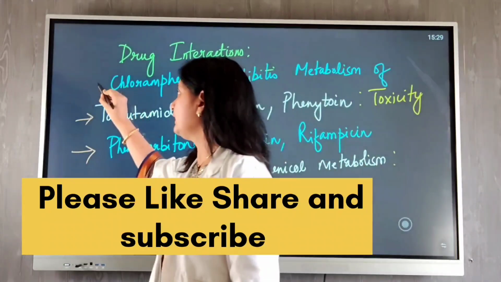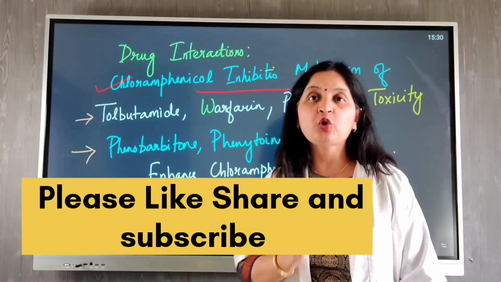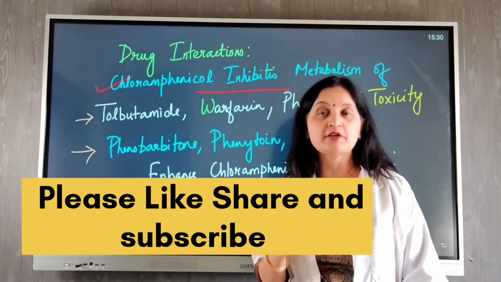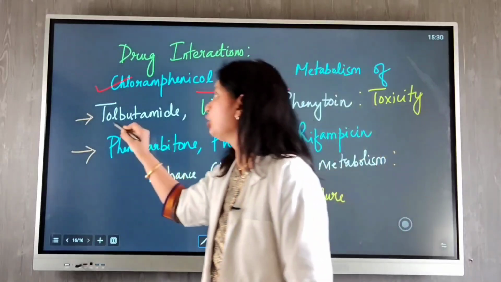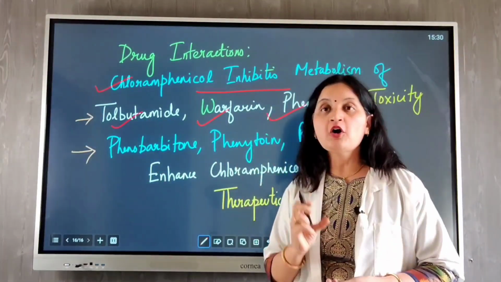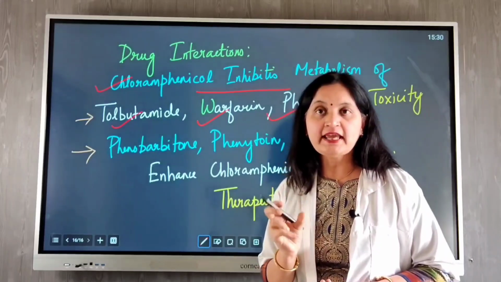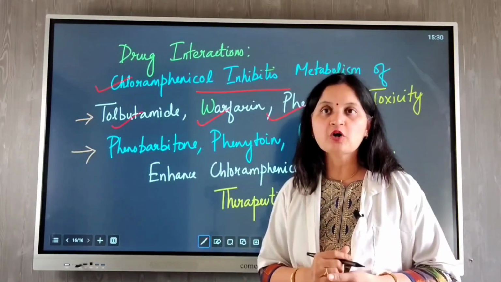Chloramphenicol is an inhibitor of metabolic enzymes. It inhibits the cytochrome P450 enzymes that are responsible for metabolism of other drugs such as tolbutamide, warfarin and phenytoin. Because of inhibition of these enzymes, the drugs accumulate in the plasma, leading to toxicity.